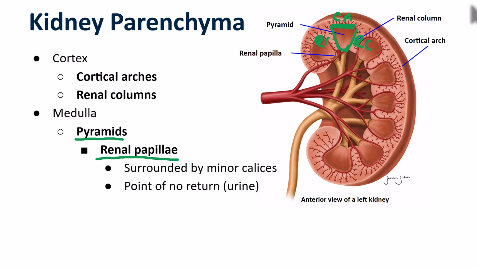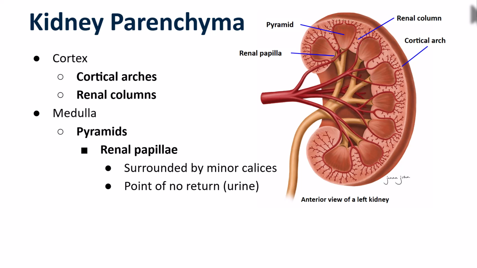Renal papillae are surrounded by the most proximal parts of the excretory pathway called minor calyces. Minor calyces are going to condense into major calyces into the renal pelvis.